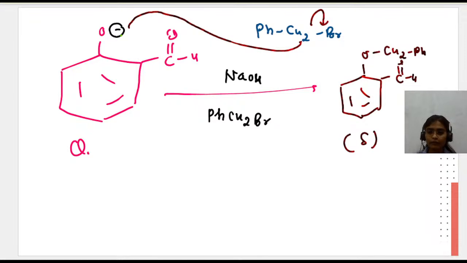Okay, Dashika, what do you think about S? Does S give the FeCl3 test positive, yes or no? The FeCl3 test is for phenol. So is S going to give the FeCl3 test positive or not?